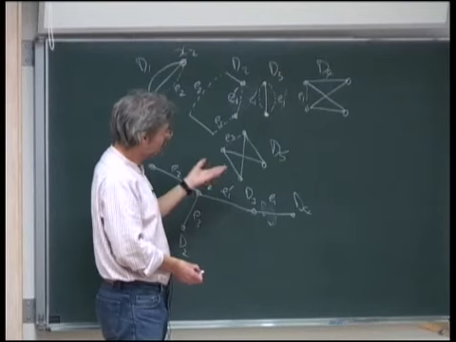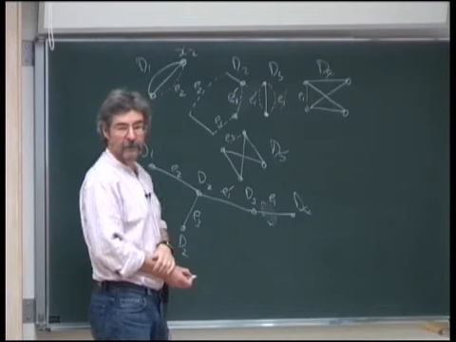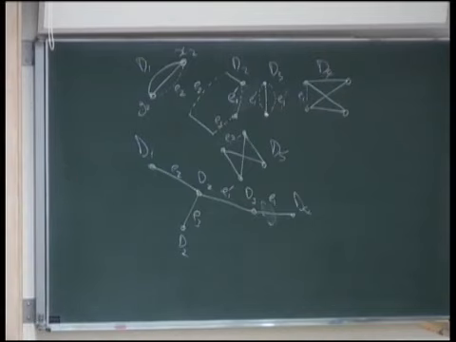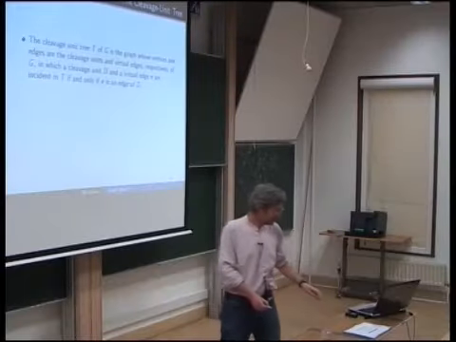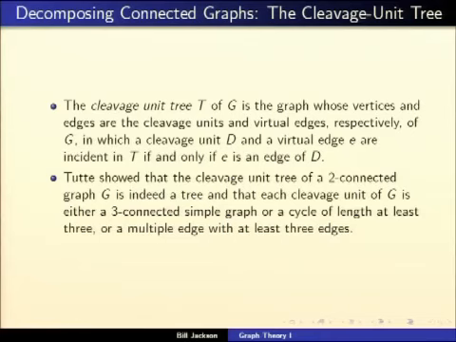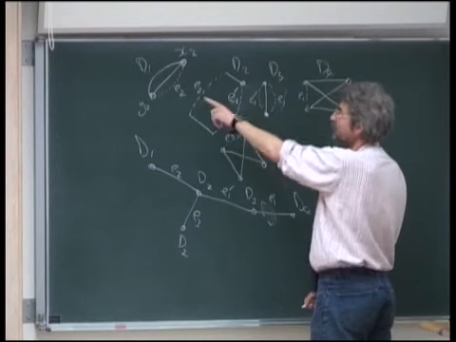So it's a unique tree decomposition. And this is a theory, as I said, developed by Tutte. He showed that the cleavage unit tree of a two-connected graph is indeed a tree, and each cleavage unit is either a three-connected simple graph, or it's a cycle, or it's a multiple edge.